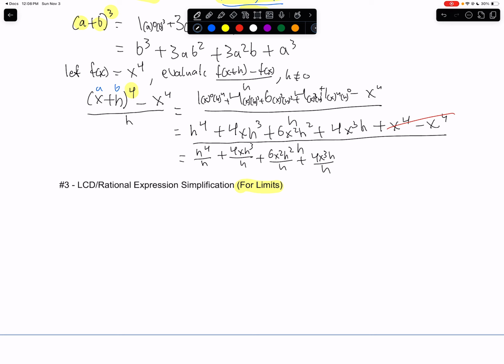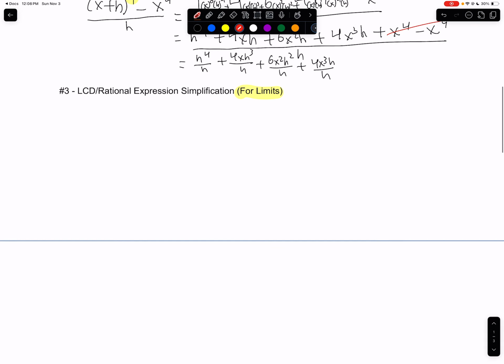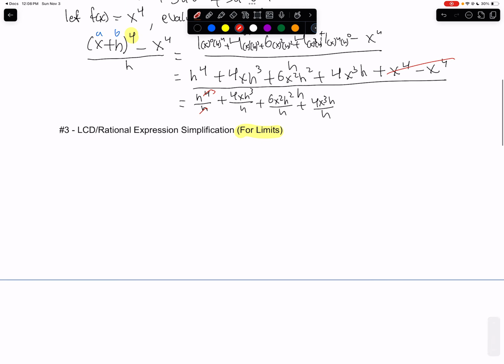Yeah, and then we can cancel out. Again, the more you do this, the more you just know that it'll cancel the h's: subtract the exponent by 1 for each term. So this would cancel, this would be 3, this would cancel, this would be 2, this would cancel, this would be 1, this would cancel completely.